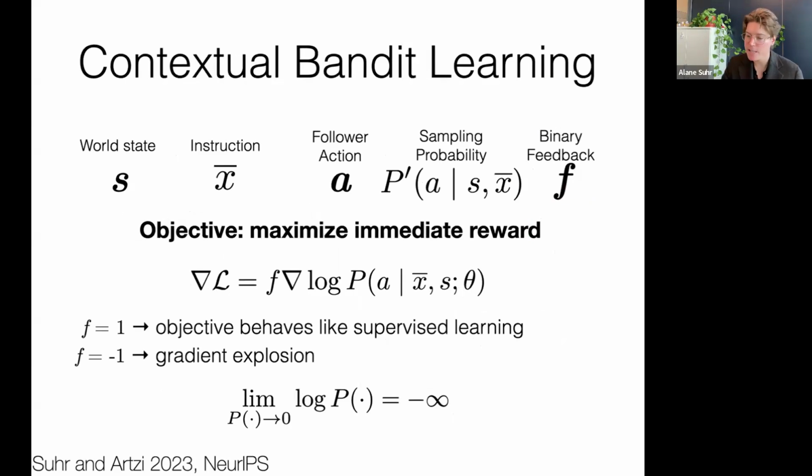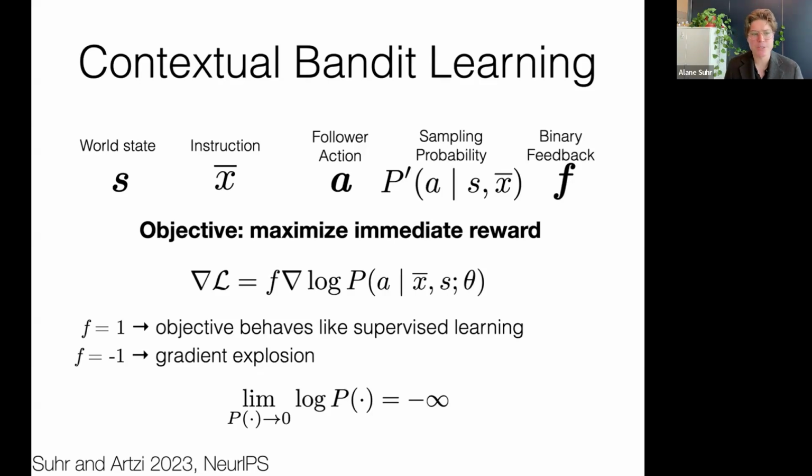The gradient here is the feedback f times the gradient of the log probability according to the current policy parameters, which actually introduces a bit of a problem for us when we're working in an offline setting with negative feedback. For positive examples, this is not a problem because f equals 1, and so our gradient looks like a supervised learning gradient just on data that got positive feedback instead of human demonstrations of instruction following.